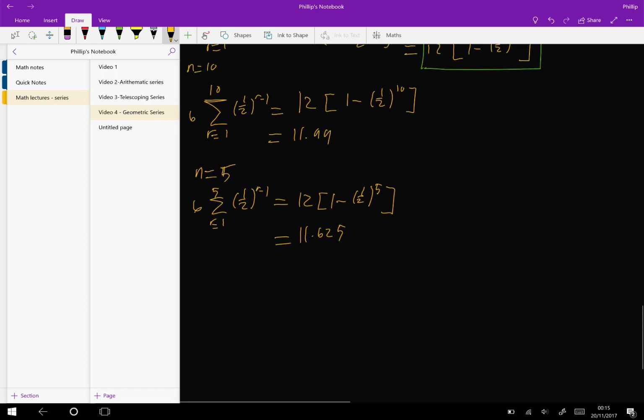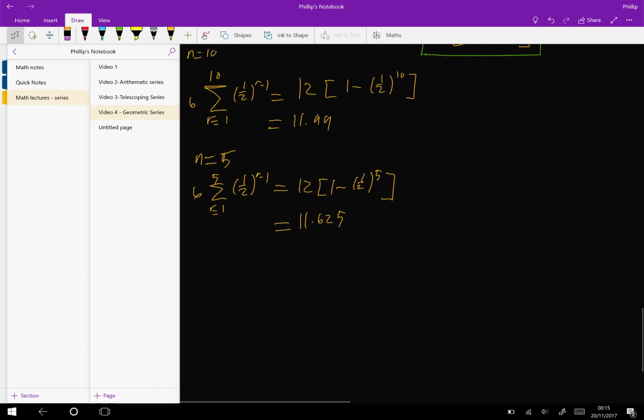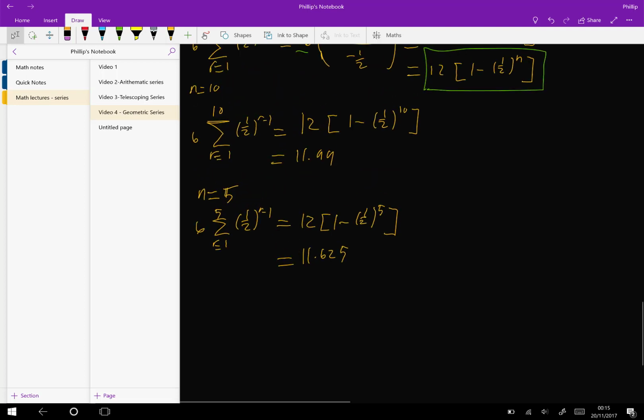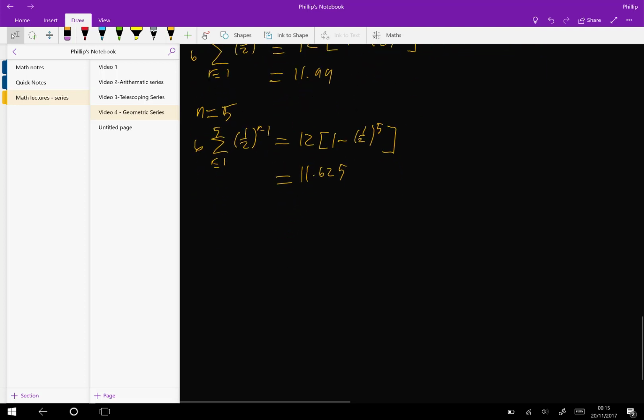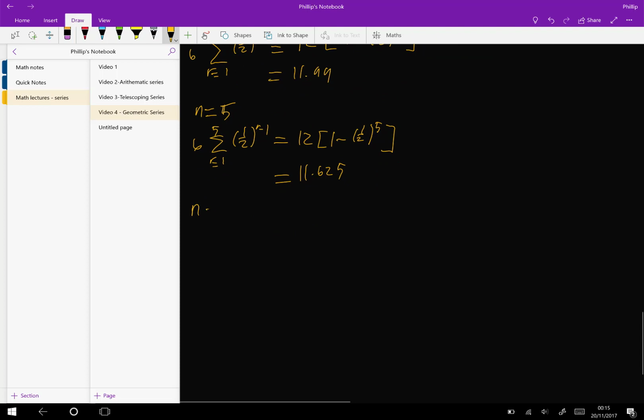Well, maybe not. Maybe if I put n equals 50 in here... Well, let's not go that high. Let's do n equals 20, it'll go over 12 now. It should be at 12.5 or something, won't it? I'd imagine. Let's have a look. Is that the case? 6 times by the sum from r equals 1 to 20 of a half to the r minus 1.